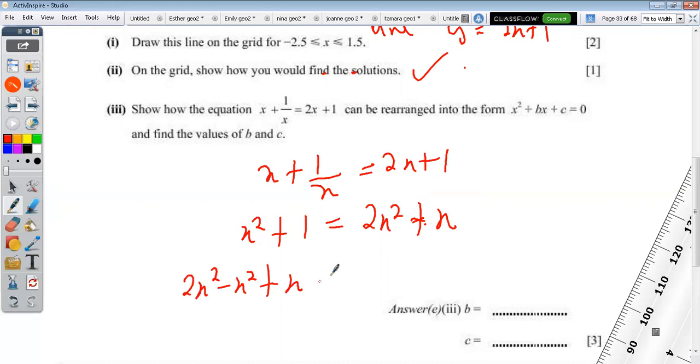Move the 1 that is like minus 1 to 0. Therefore, I have x squared plus x minus 1 is equal to 0. Therefore, b is the coefficient of the middle term, which is 1. c is the term not involving x, which is minus 1. Then we are done. Are we together?